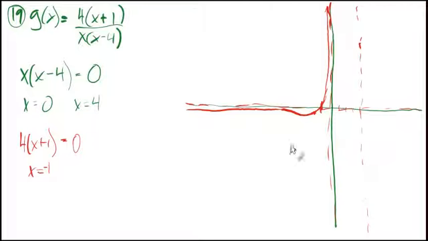Why don't we just put a 1 in there? 4 times 2, that's going to be 8. That's -3 times 1, -3. So a positive 8 over a -3. That's going to be a -8/3.